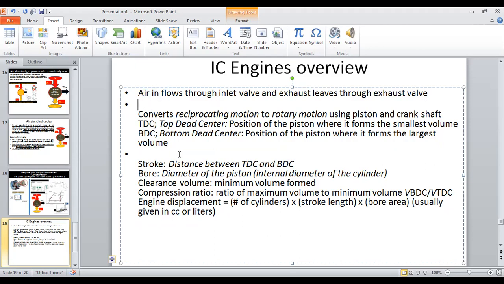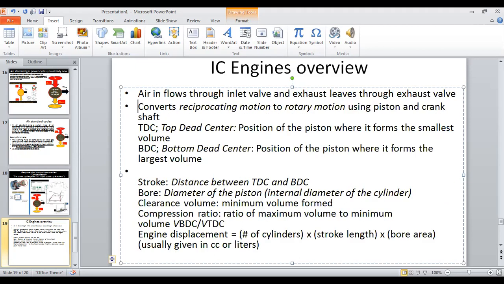So in the mechanisms, of course, you know about the piston cylinder and this crank mechanism, with the connecting rod and all. You have the basics, so later we will discuss this. In the cylinder and piston arrangement, you have TDC and BDC.